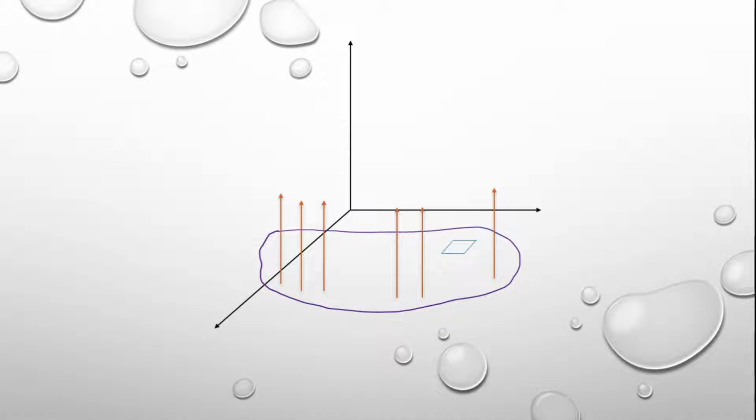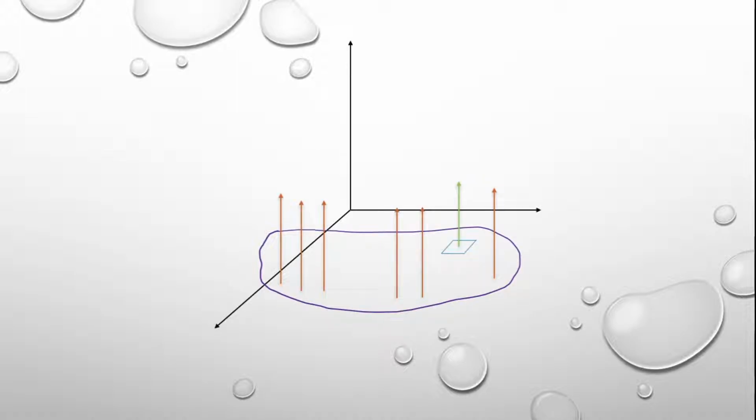So we consider a small ds and we consider the current vector which is passing through that small ds. I hope this is very clear. We are going to consider a small ds on this particular surface, and I am going to consider only the current vector passing through this small surface.